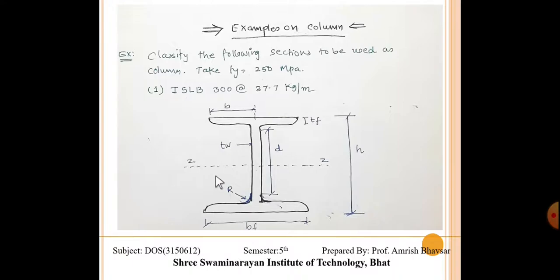For that, we have some criteria, and that criteria is given on page number 18 and 19. Whenever we have this kind of section, this is our total H, this is width of flange, this is thickness of flange, this is thickness of web, and small b is equal to half of width of flange, and d is here.